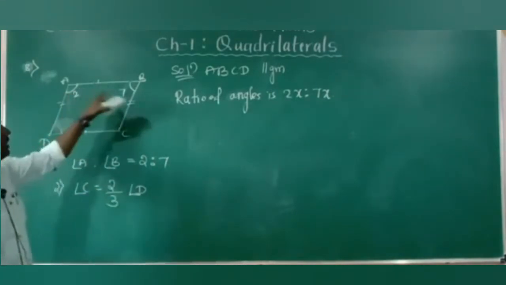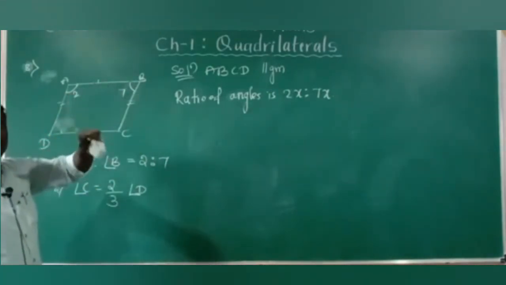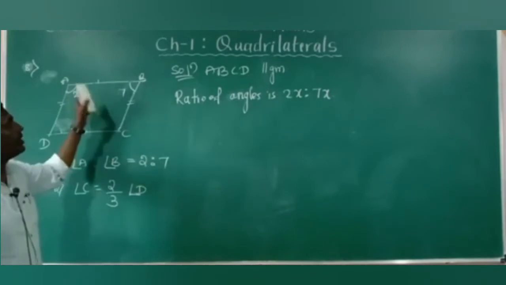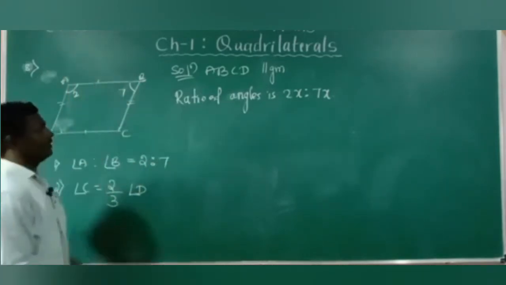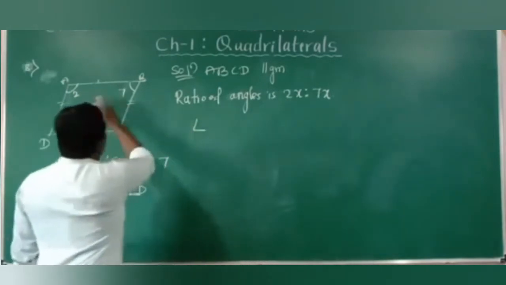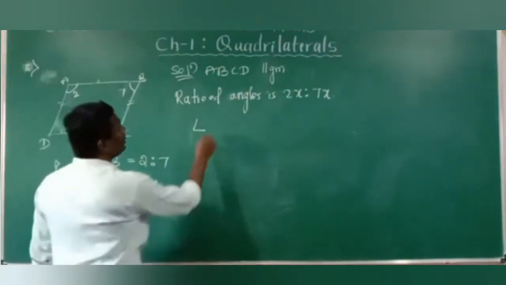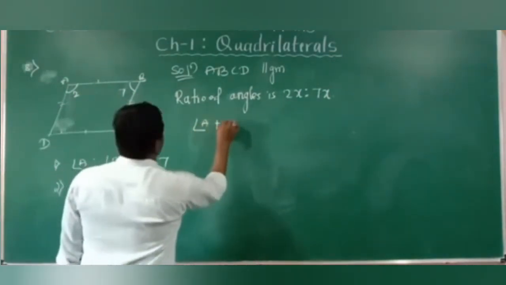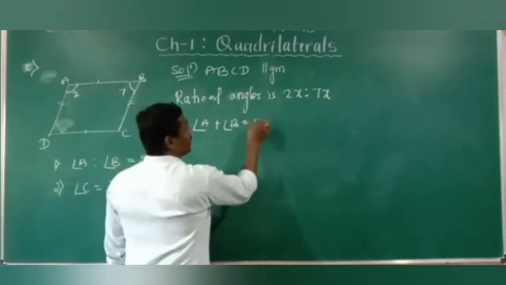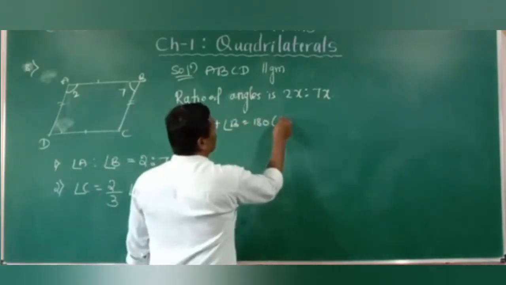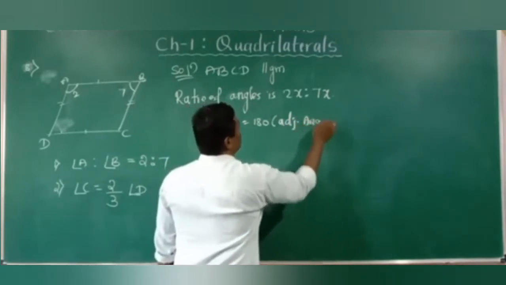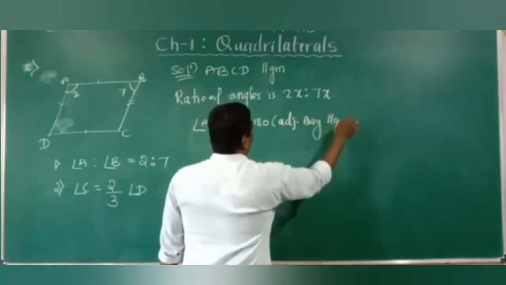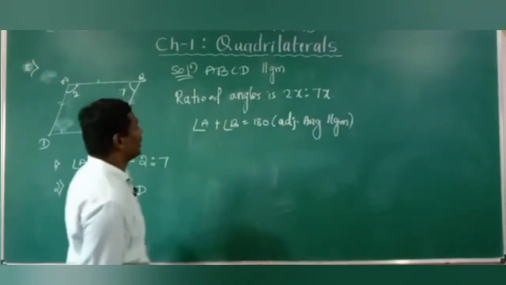Here angle A and angle B are again the adjacent angles or co-interior angles of the parallelogram ABCD. So, the sum of those two angles is always equal to 180 degrees. So, angle A plus angle B is equal to 180 degrees, and the reason is adjacent angles of a parallelogram are always supplementary.